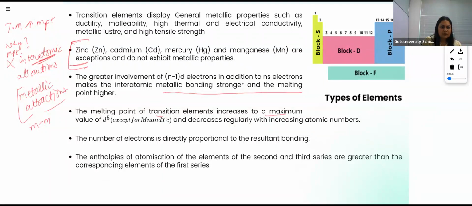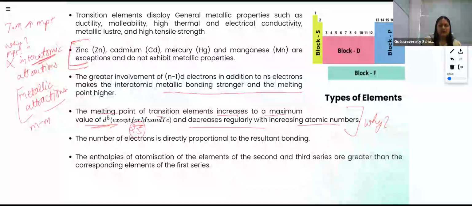So the melting point of transition elements actually increases to its maximum till manganese, that is d5, the element with atomic number 25, and then decreases regularly with increasing atomic number. Now why does this happen?